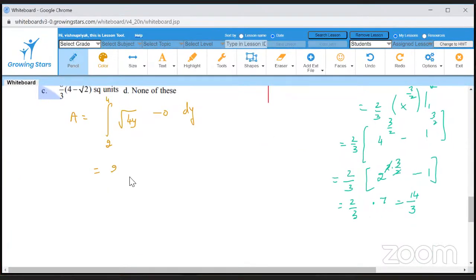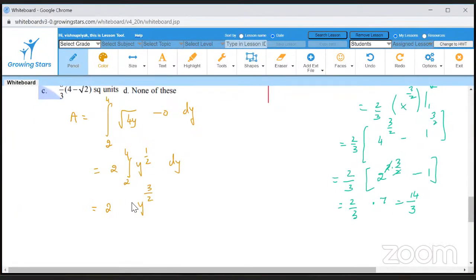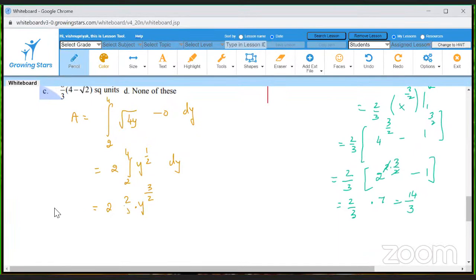So 2 I will take outside. I will have y power half, so this also will be the same as the previous, 3 by 2. And divide by 3 by 2 will become 2 by 3. The same.